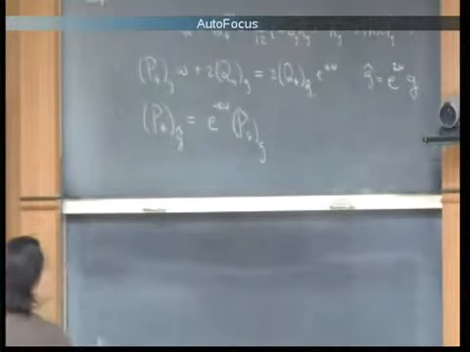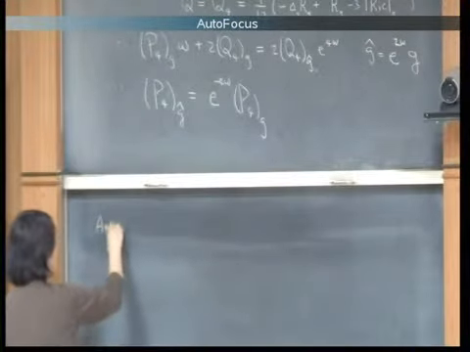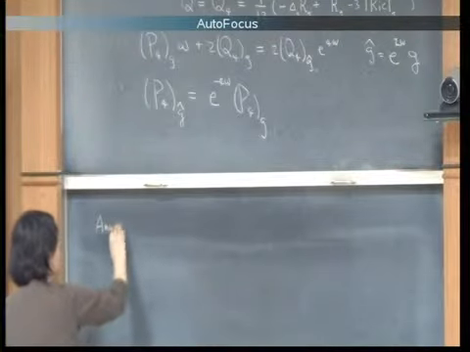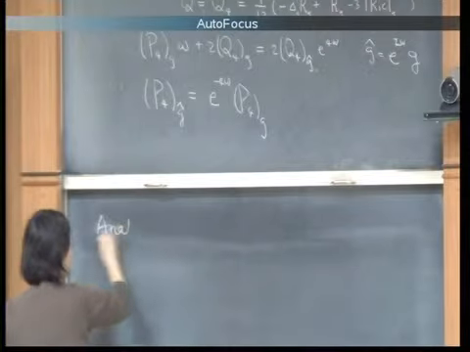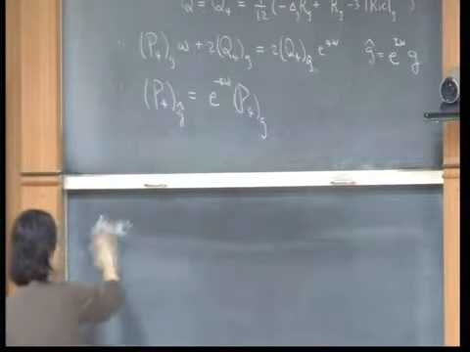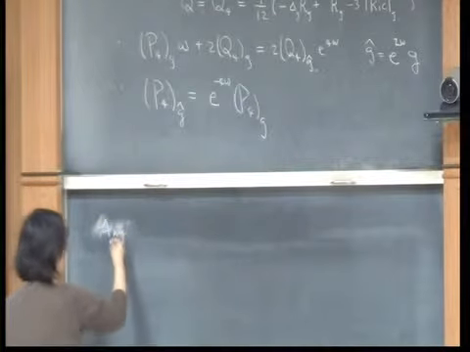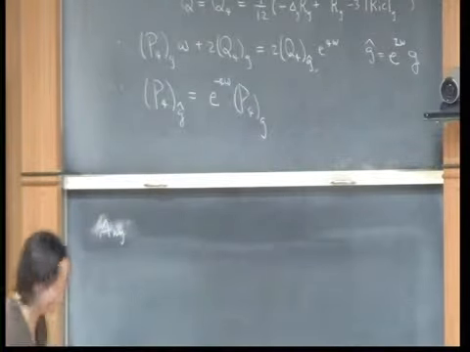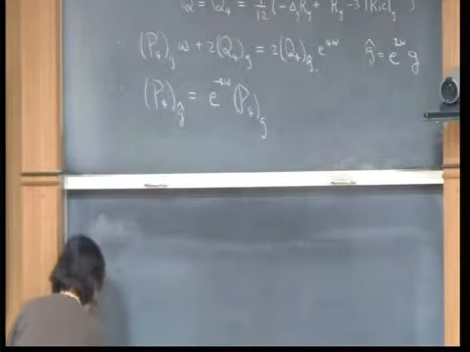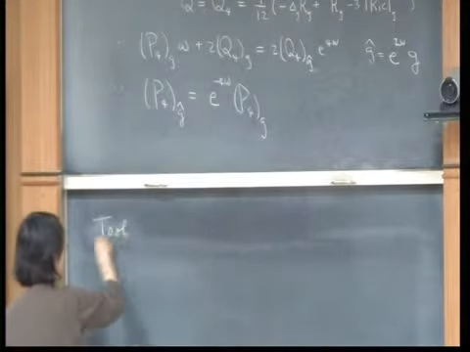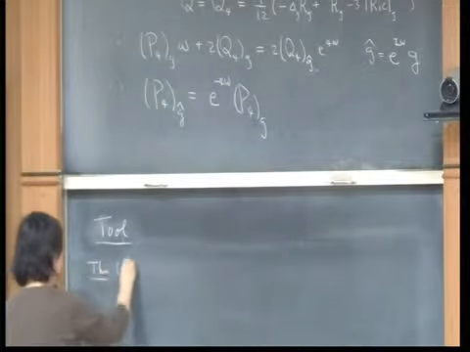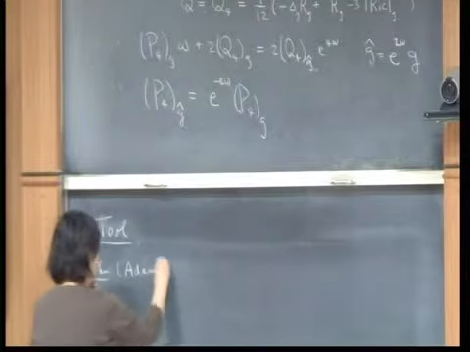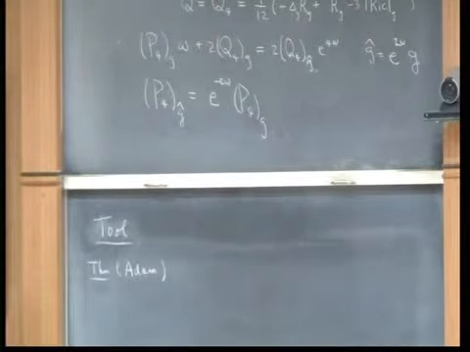So the analytic tool turns out to be a result of Adams, which is the higher dimensional analog of Moser-Trudinger.